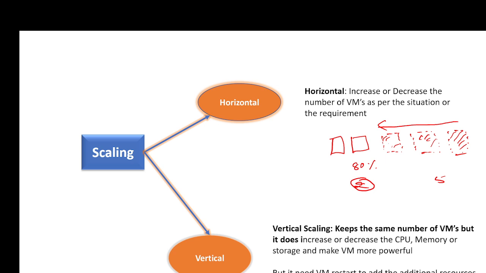So we have another option called vertical scaling. The vertical scaling keeps the same number of VMs, but it increases or decreases the CPU, memory and storage of the virtual machines to make the virtual machine more powerful.